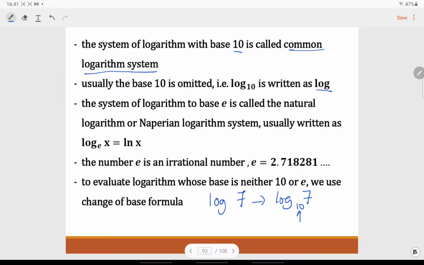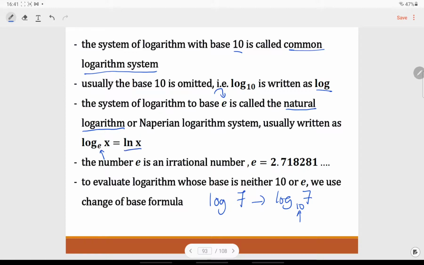The system of logarithm to the base e, okay, the base exponent, is when the base is e. So this kind of logarithm is called a natural logarithm. Okay, natural logarithm, or simply known as ln. Log x to the base e is equal to ln x.